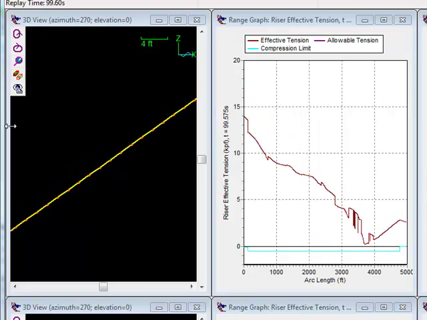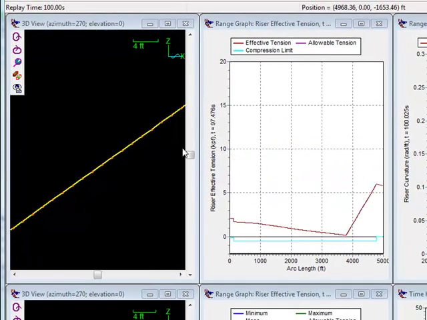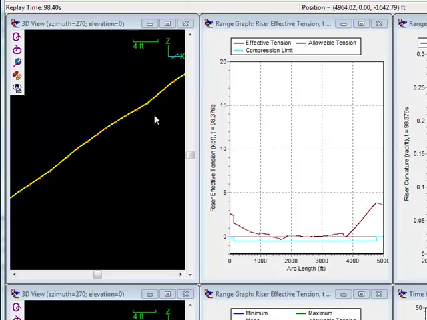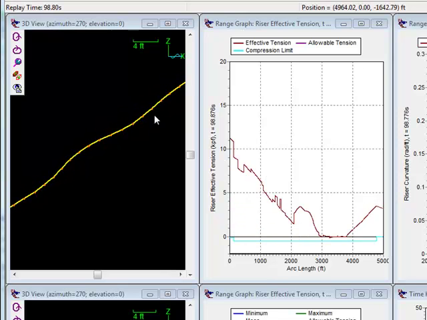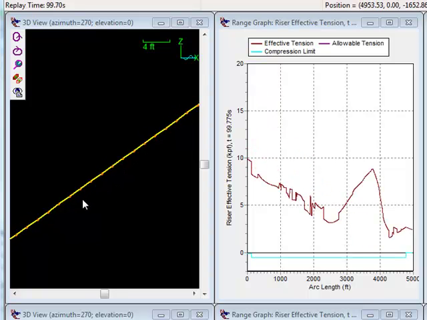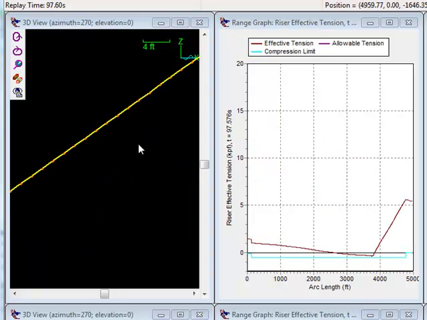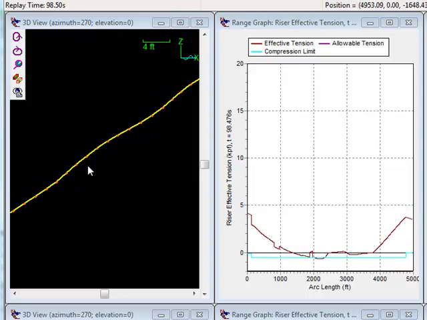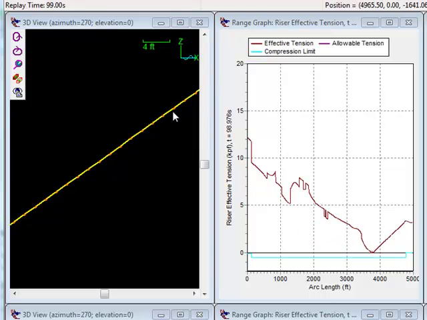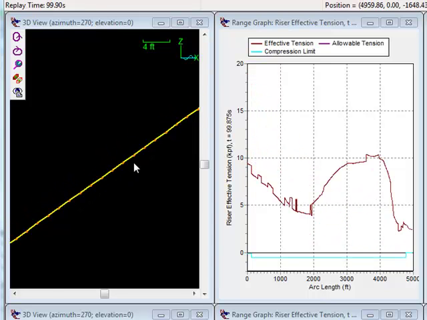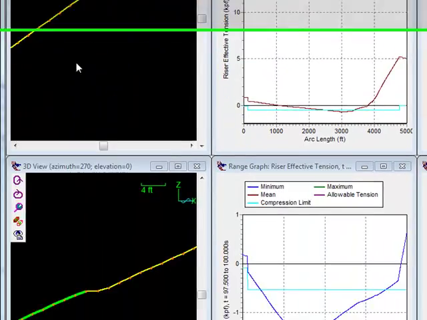In this box here we're looking at a point roughly 2,000 feet from the buoy down the bare riser section, and we can see during this selected piece of replay a buckle wave manifesting itself here as we get a small amount of compression in this upper bare section.